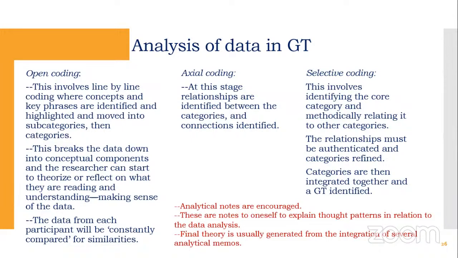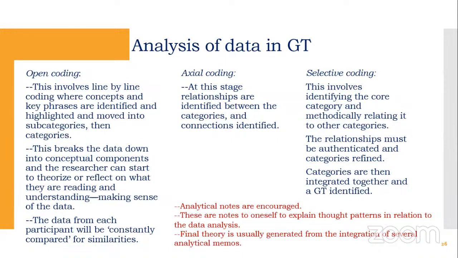Axial coding is where relationships are identified between the categories and connections are identified. Selective coding involves identifying the core category and methodically relating it to other categories. Relationships must be authenticated and categories refined. Categories are then integrated together and grounded theory is identified.